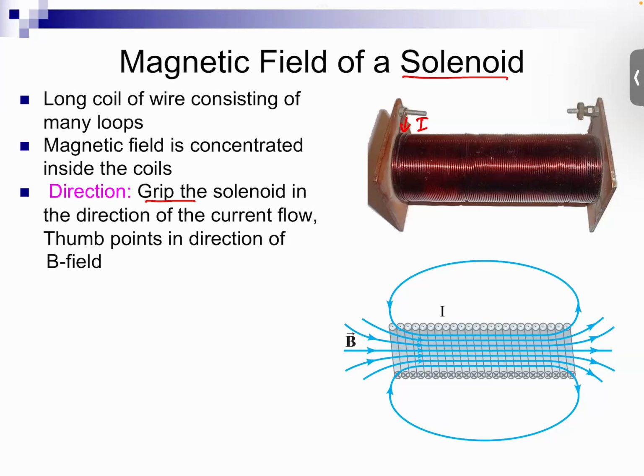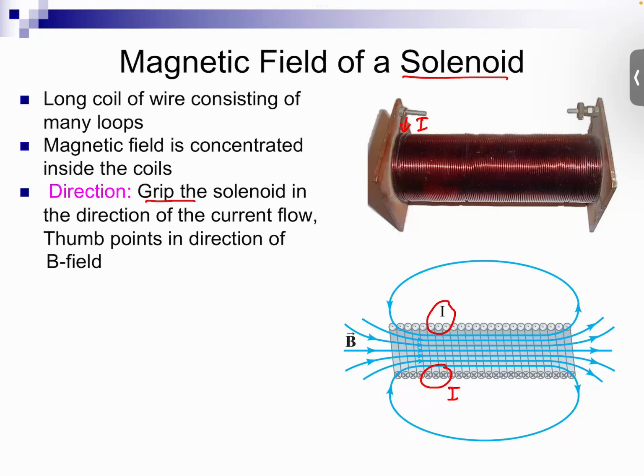Then you grip the solenoid in the direction of the current and your thumb points in the direction of the magnetic field. In this figure here, the current is going out of the page on the top part of the solenoid, and the current is going into the page at the bottom part of the solenoid. So you're gripping the solenoid in this manner, and your thumb points in the direction of the magnetic field.